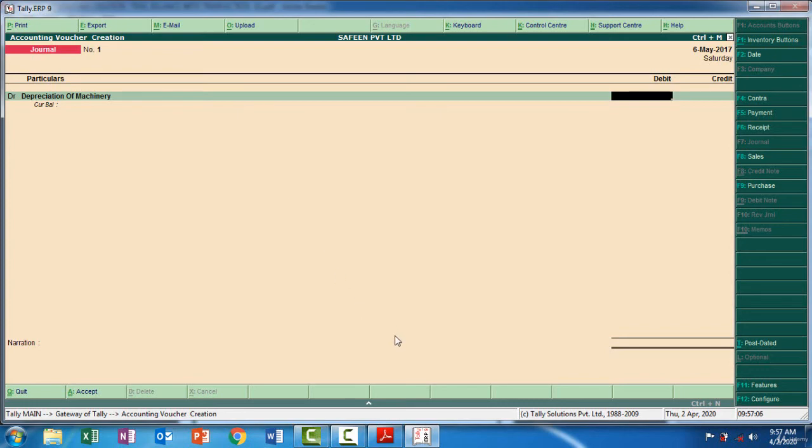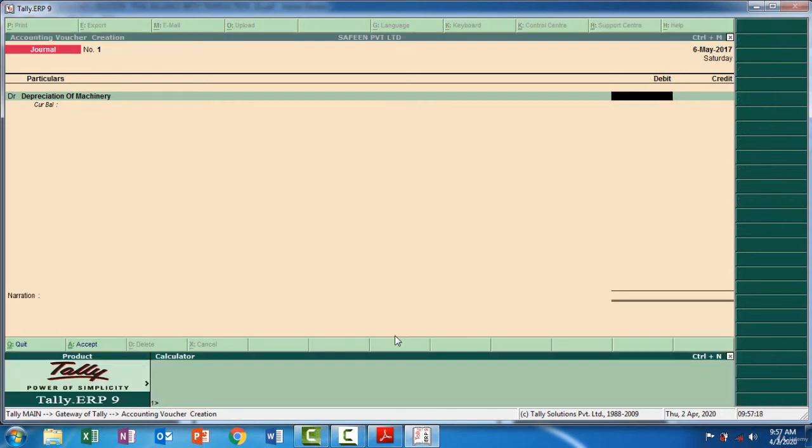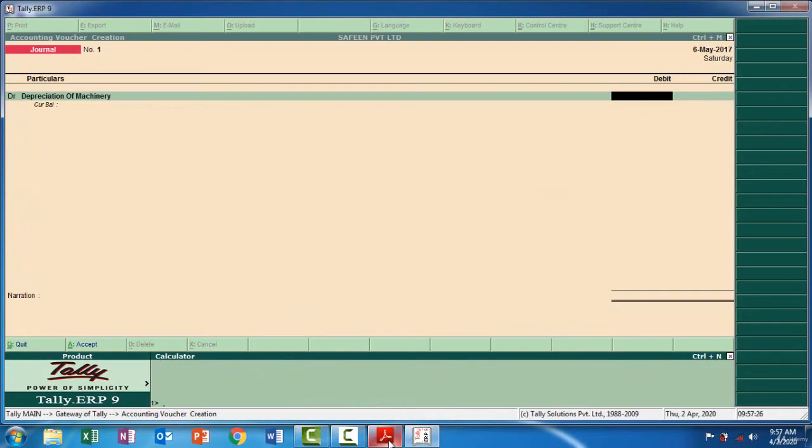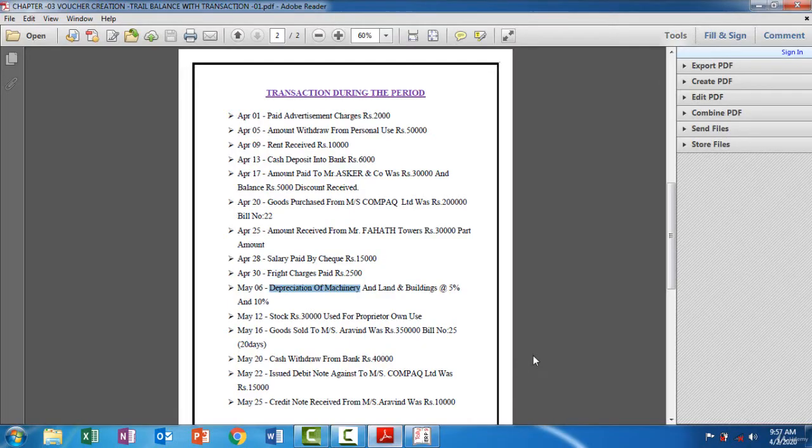5%. 5% of how much? We need to open the calculator. How can we open the calculator? Control N. The calculator will open. So the depreciation of machinery 5%. First we have to know the machinery amount.